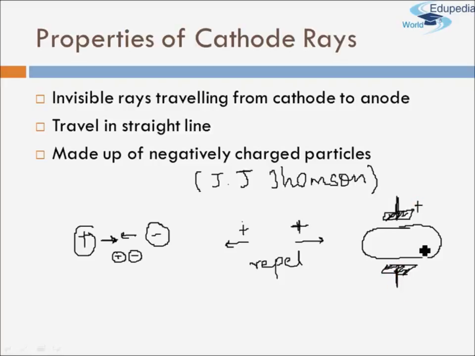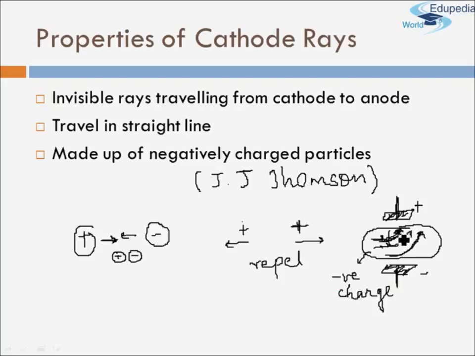So when cathode rays were traveling here, what he observed was these rays got deflected towards the positive side, that is the positive electrode. Which means that these rays, whatever they were, were made up of negative charge.